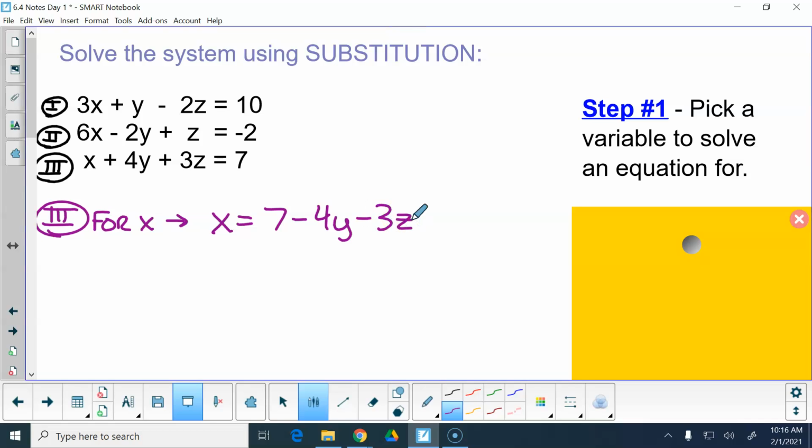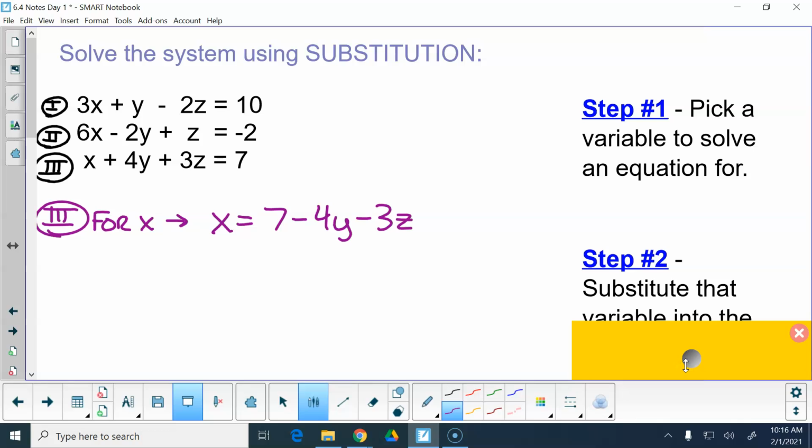Is that what you got? You might have written it as negative 4y minus 3z plus 7. Everybody agree with that? Love it. Step number 1, done.